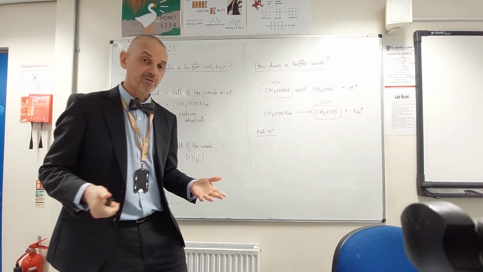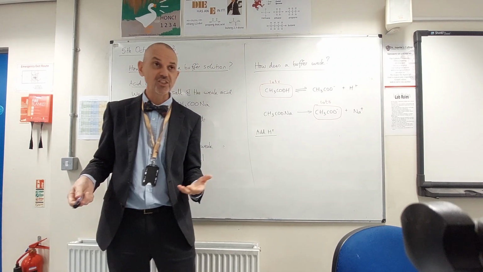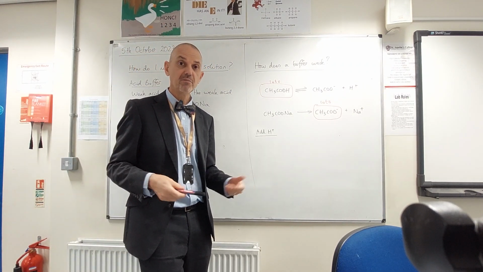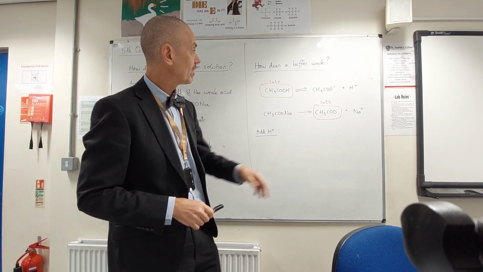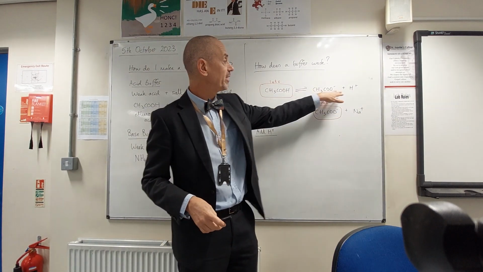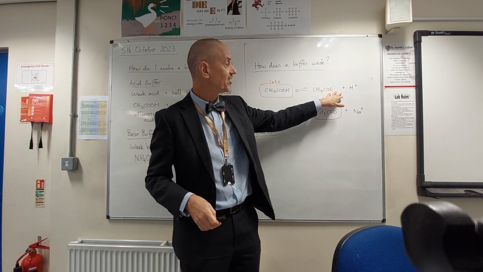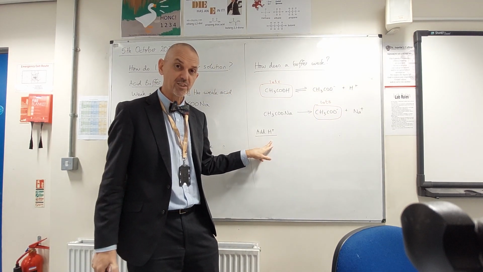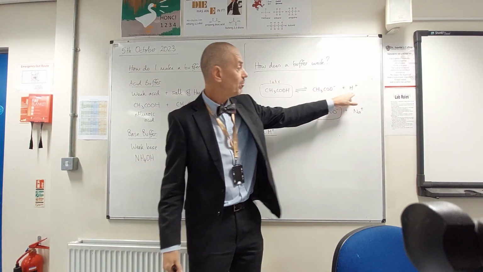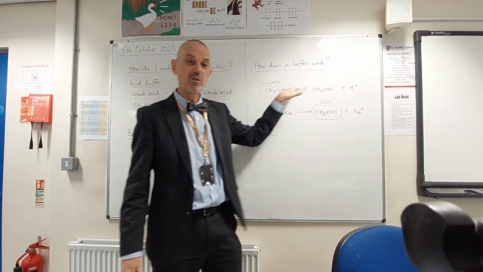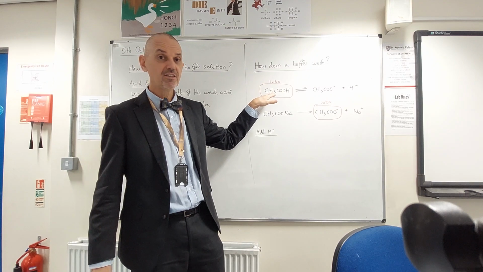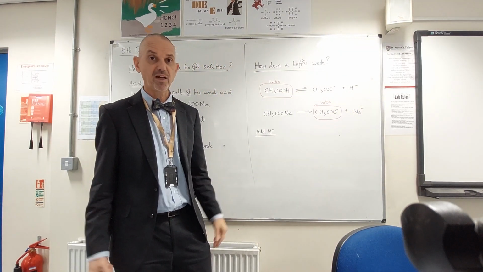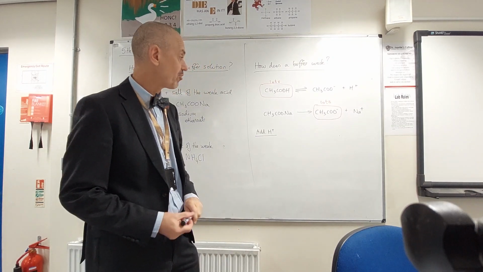Well, we know from Le Chatelier that any change to the conditions will result in a shift of the position of equilibrium that minimizes that change. We've got a delicate balance here between the molecule and its dissociated ions, one of which is H plus. So if I pour in a bit more H plus, what's going to happen? Well, Le Chatelier says the equilibrium position will shift to the left to remove some of the added H plus and restore the equilibrium.